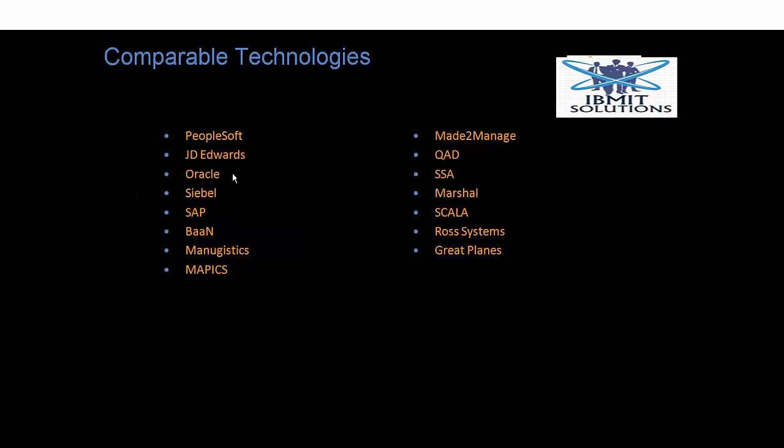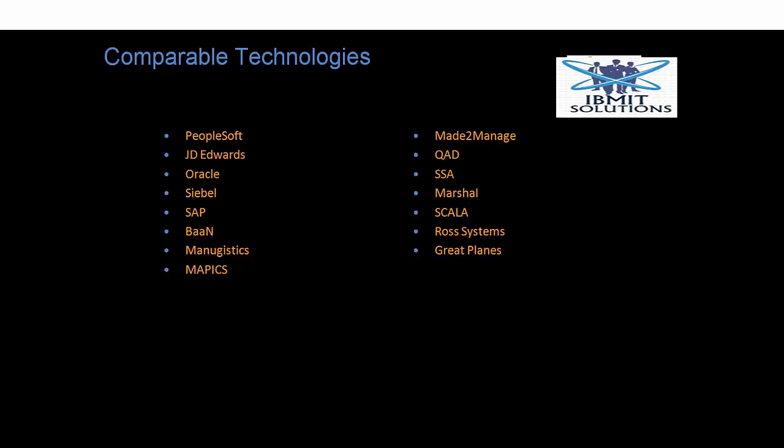Is the company name itself PeopleSoft, or is it developed by some other company? The company name itself is PeopleSoft, and it got acquired by Oracle now. So Oracle still has its own product? You might know Oracle Apps.